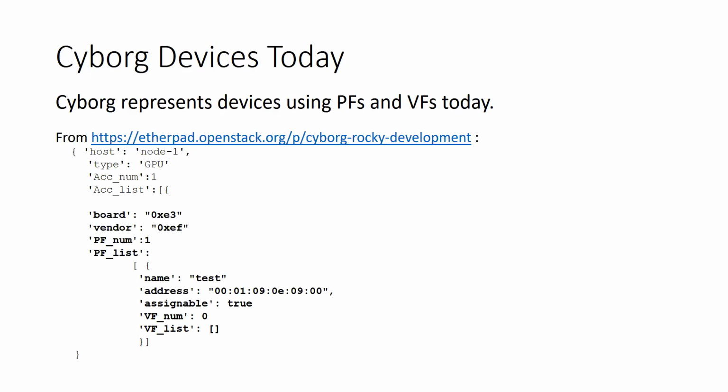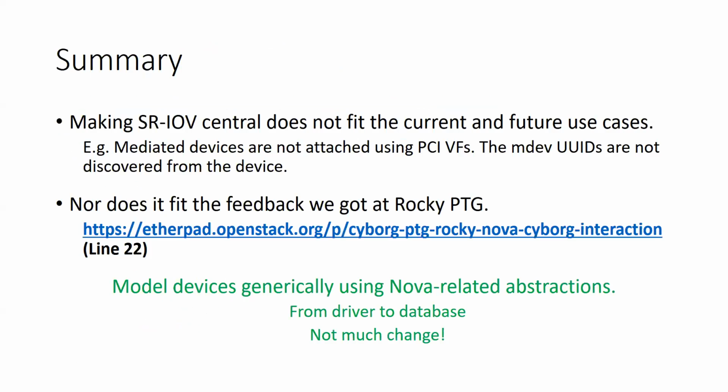Some like AMD do support it, so we got a mixture of both. And so if you go with SRIOV as the central model, many devices will not fit in even today or in the future. In the future, I would like to take an example of mediated devices because they are going to be substantially different.